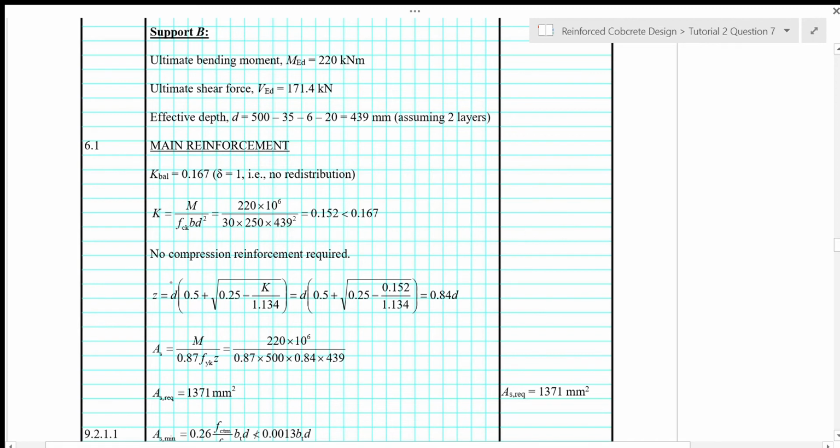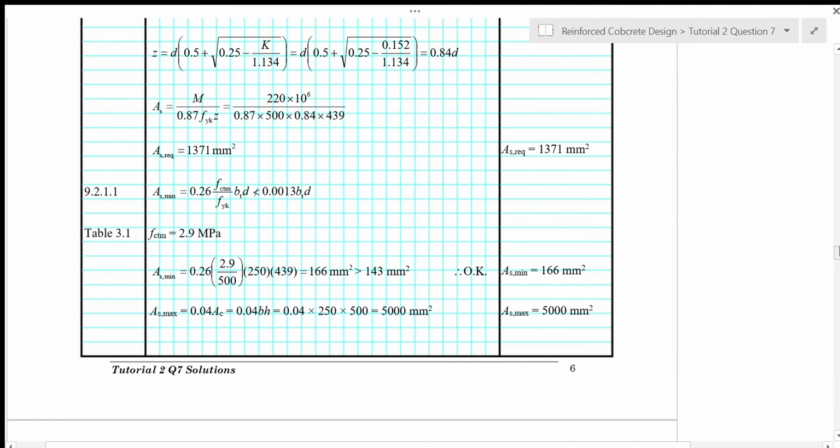And then the moment arm Z is 0.84d as calculated, and that will give As required of 1371 square millimeter. And then As minimum is calculated using this expression, and it should not be less than 0.0013 bd.